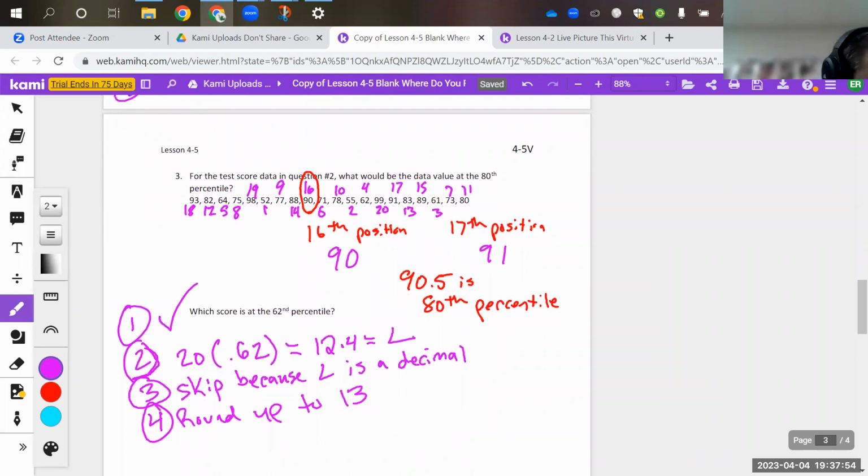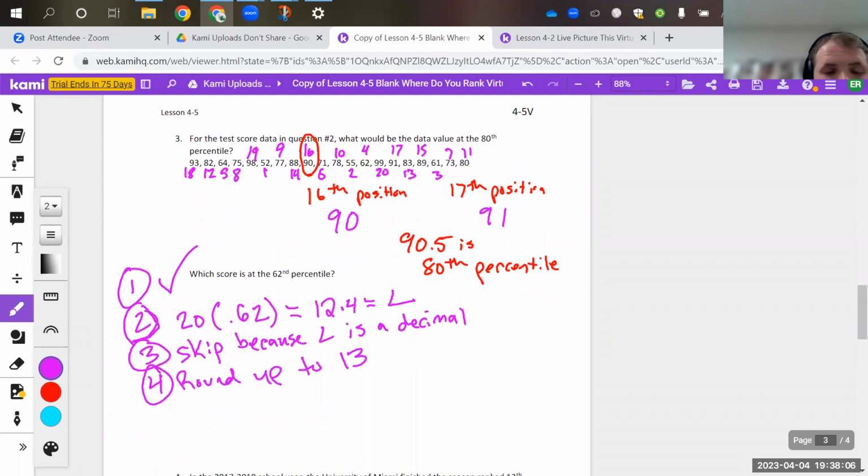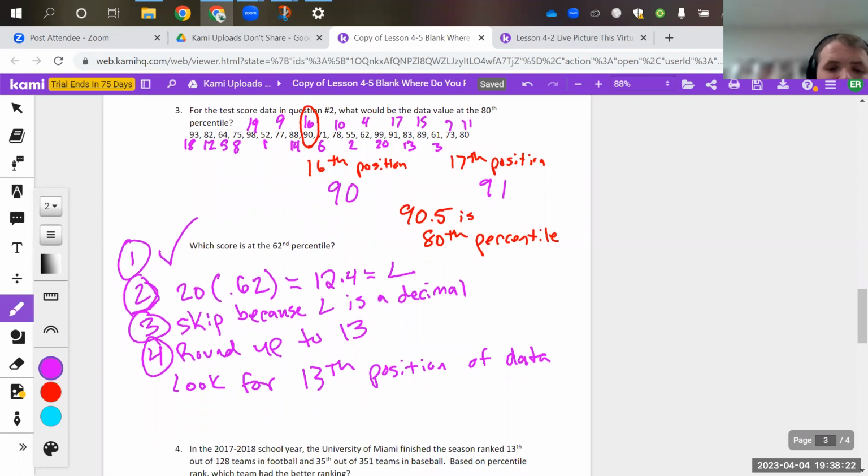So specifically, we are looking for the 13th position of the data set. That 13th position looks like it is 83. So that 83 score is at the 62nd percentile.